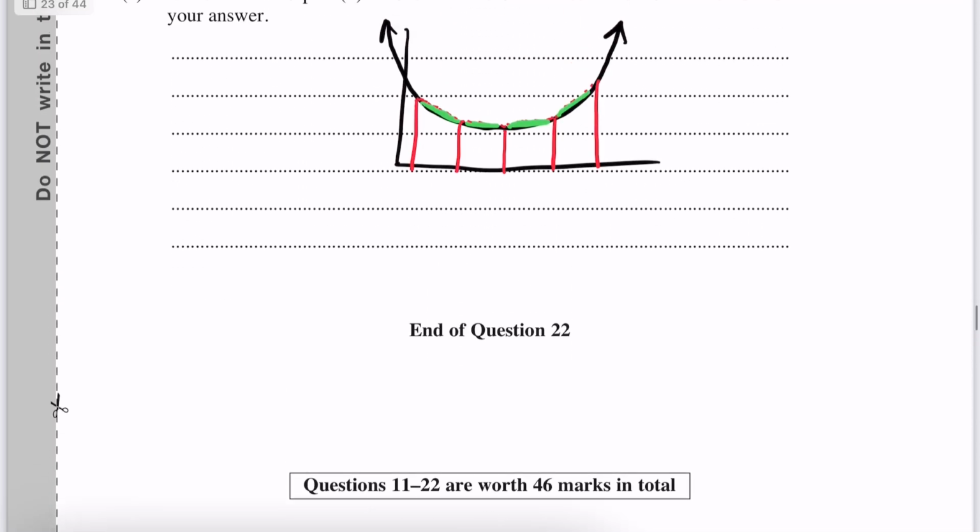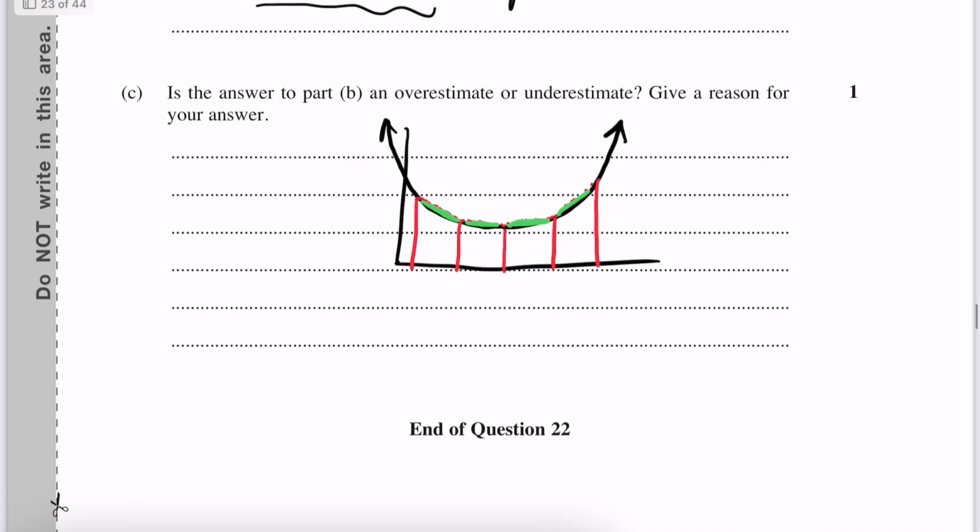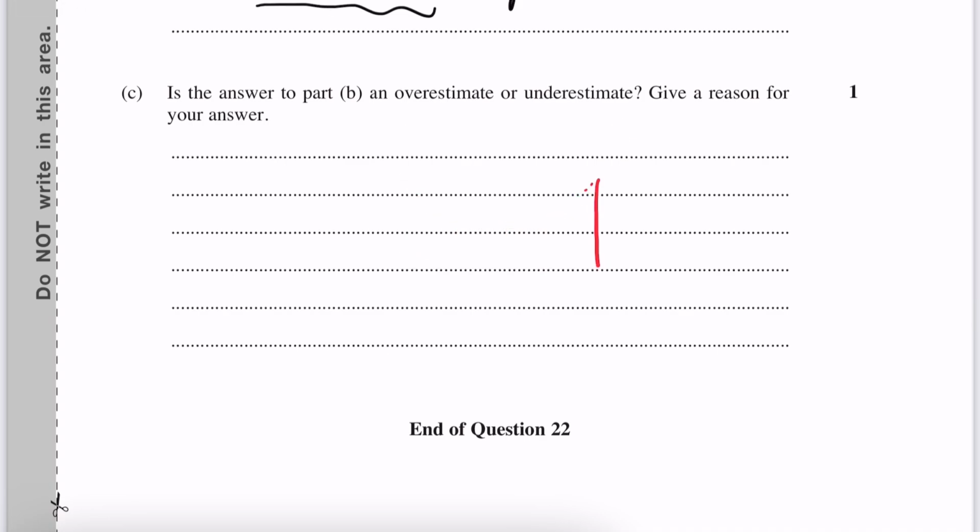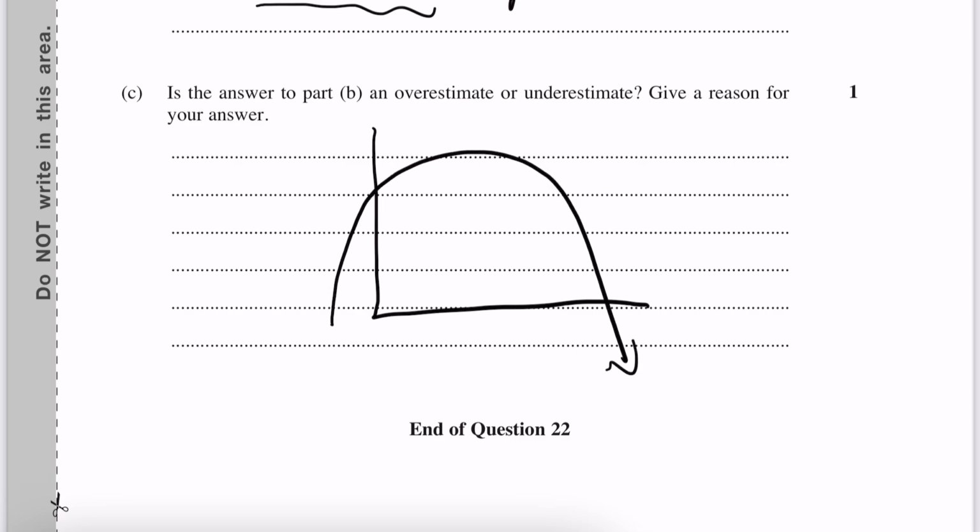In another instance, when it's concave down, I'm just going to rub all this out. When it's concave down, something like that, and we do our line segments.